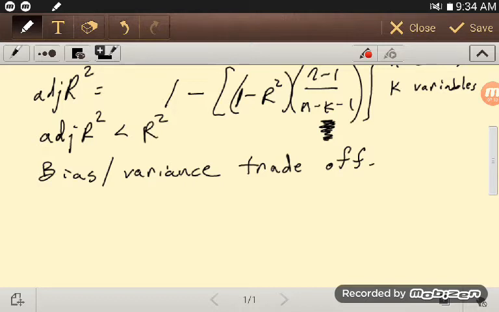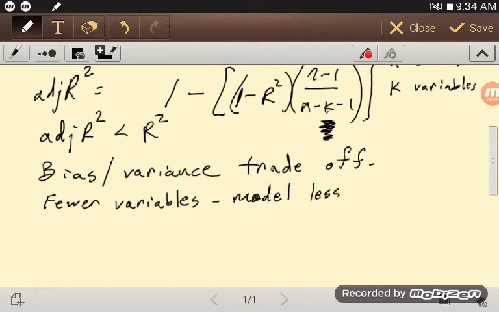Okay, and what that means is that if I have fewer variables, typically what happens is the model is less biased, but has more variance.